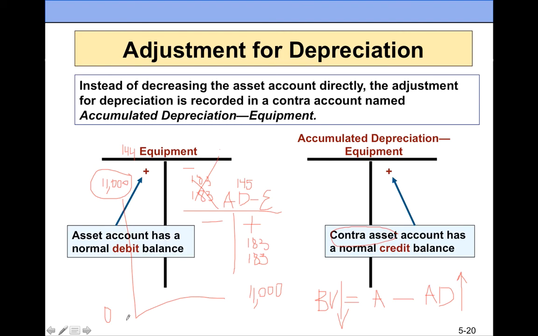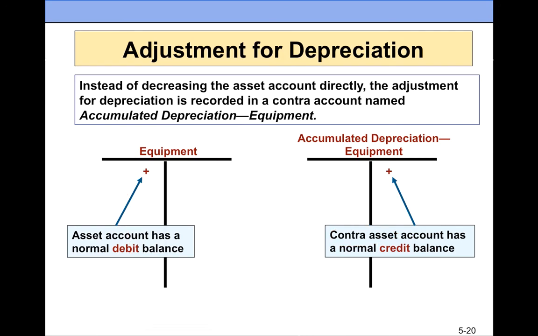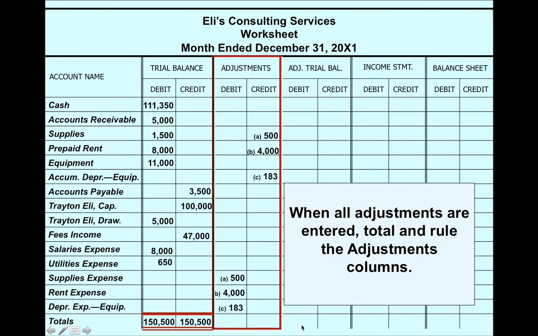If it was a different amount, if my salvage value was $1,000, then at the end of the life, the difference between main account and accumulated depreciation would be $1,000. So again, if this is confusing, rewind this part of the lecture and listen to it again, and of course practice.